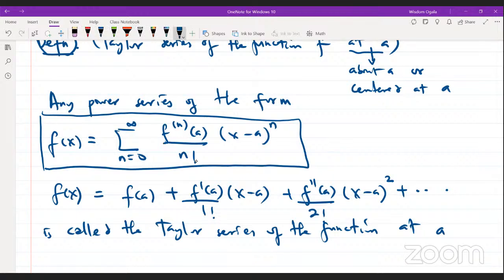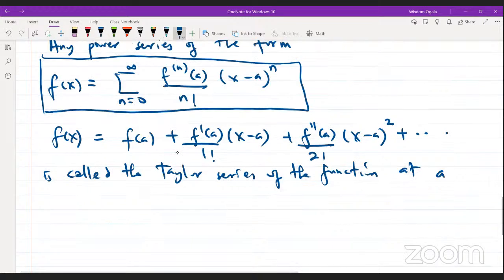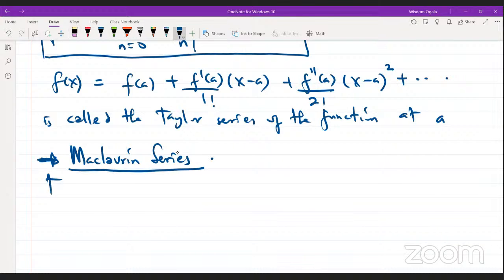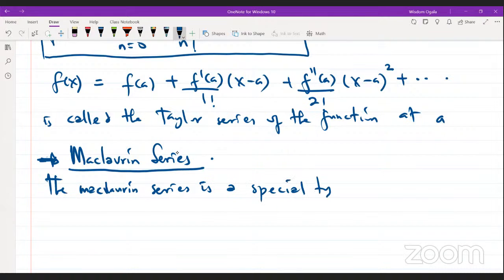Now, remember, when we started, I told you that the Maclaurin series is a special type of Taylor series.